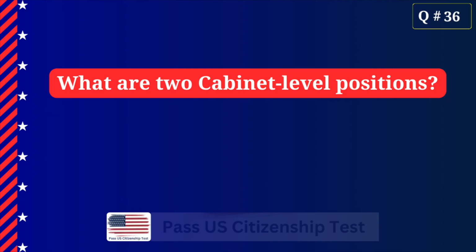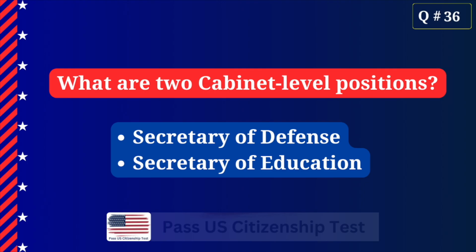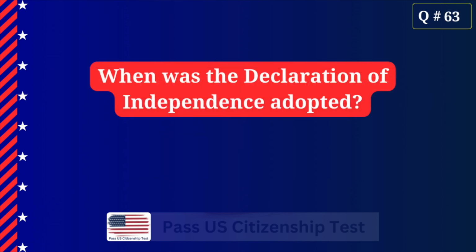What are two cabinet-level positions? Secretary of Defense. Secretary of Education. When was the Declaration of Independence adopted? July 4, 1776.